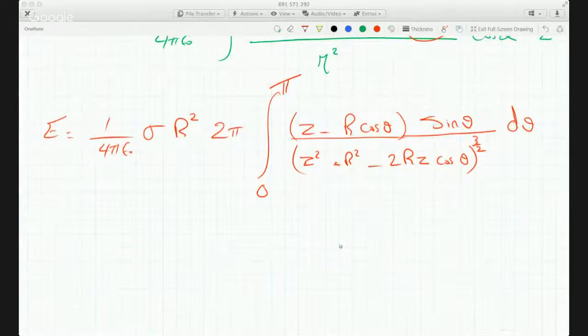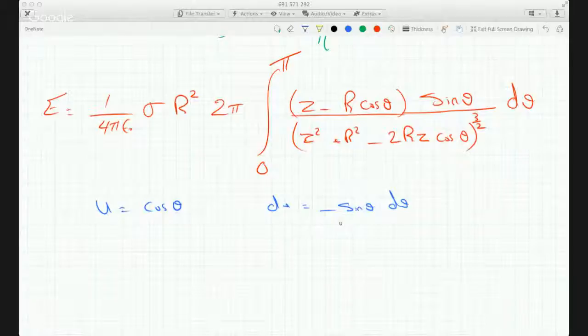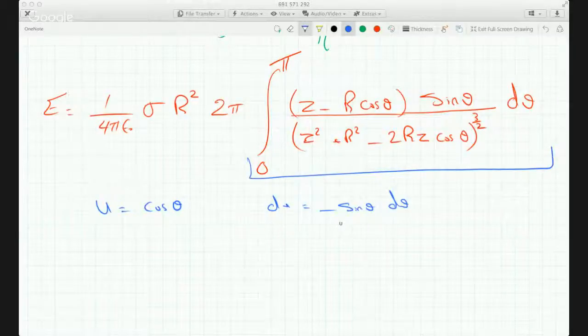Okay, so we could use substitution because sine is there. So if we let u be cosine theta, then du will be minus sine theta d theta. Okay, I'll come back to the constants. I just want to evaluate the integral now, so I'm going to take this part alone.